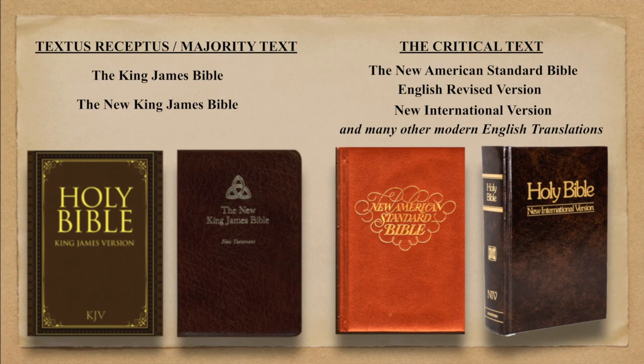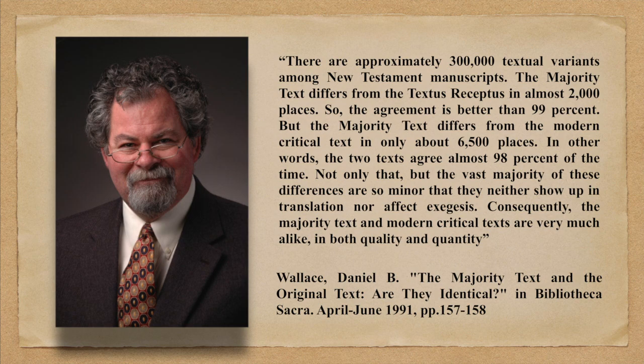The Critical Text was the one chiefly used for the English Revised Version, the New International Version, the New American Standard Bible, the English Standard Version, and virtually every other modern English translation of the Bible. But are the differences between the majority text and critical text significant? Daniel B. Wallace writes, there are approximately 300,000 textual variants among the New Testament manuscripts.